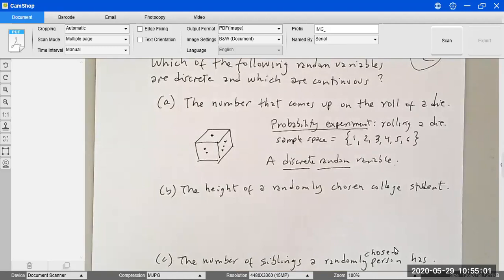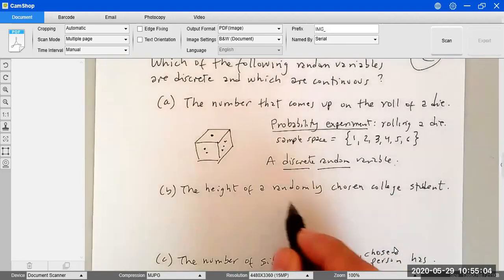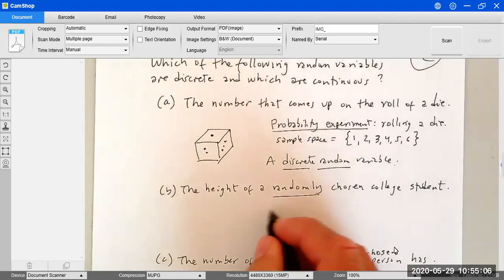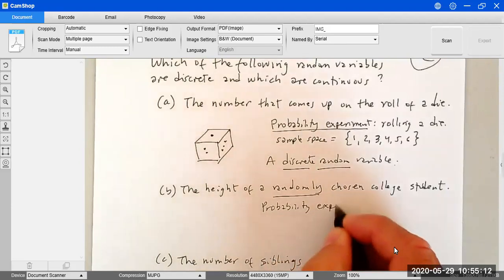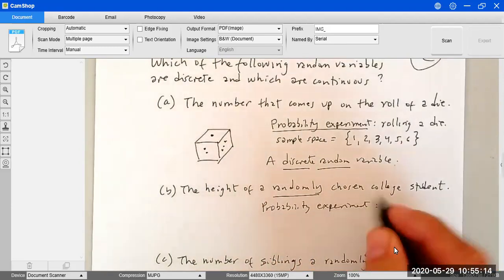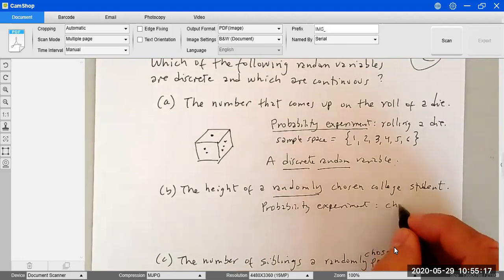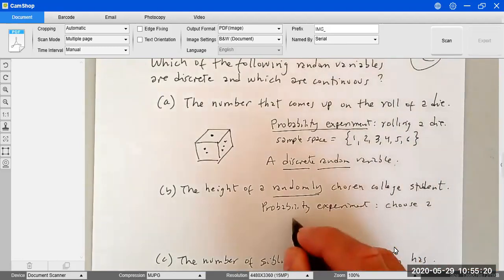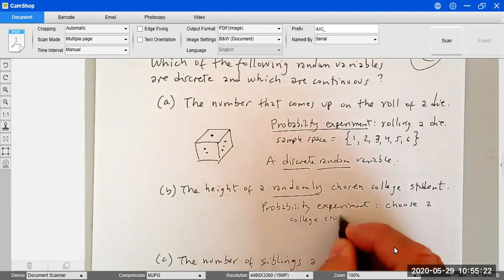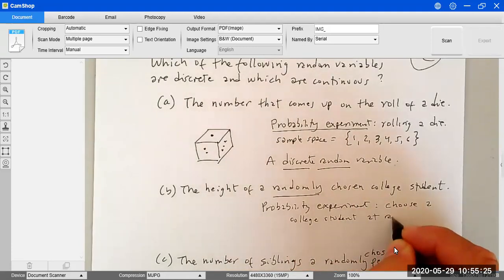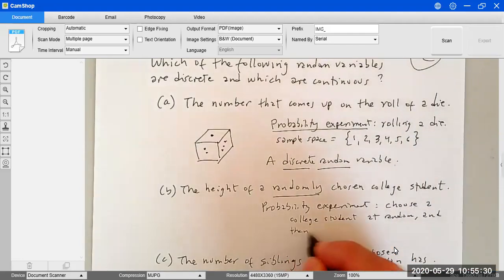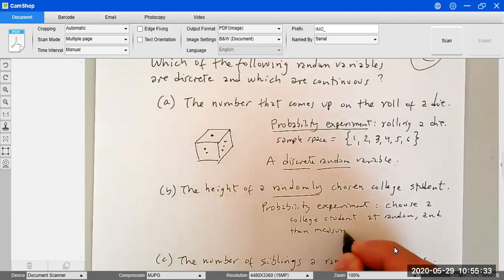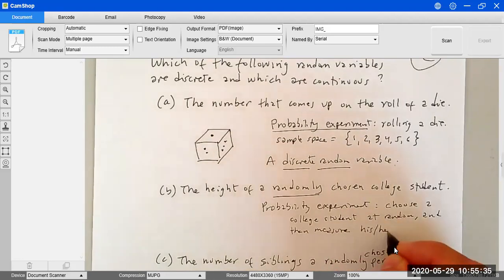Then we have the height of a randomly chosen college student. So what is the probability experiment? The probability experiment is you're gonna choose a college student at random, and then measure his or her height.